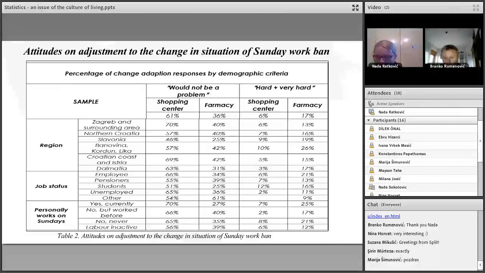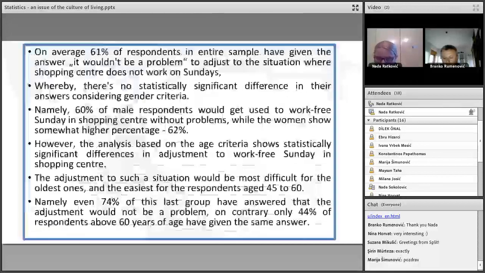Here are pensioners, employees, students, unemployed, and other. Regions are Croatia's counties. Croatia has 21 counties. And here, personally work on Sundays: yes, no, but worked before, no, never, and labor.